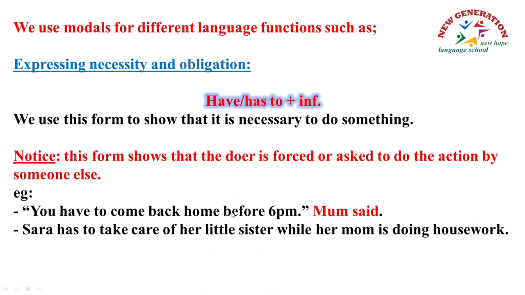For example, you have to come back before 6 p.m. Mom said, so mom asked or may have forced the one she's talking to come back before 6 p.m. even if he or she doesn't want.